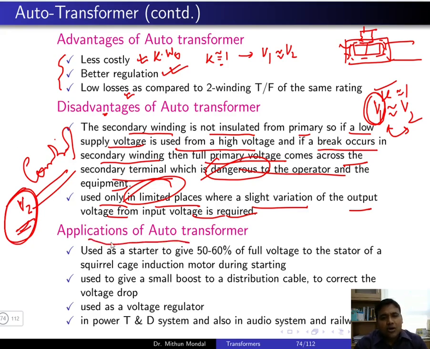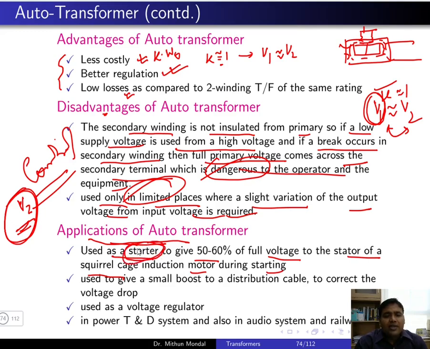So, applications of the auto transformer, let us see. Use as a starter to give 50 to 60% of the full voltage to the stator of a squirrel cage induction motor during starting. Generally any AC motor, whether it is an induction motor or a synchronous motor, requires the voltage to be slowly varied, so the auto transformer will be used as a starter.